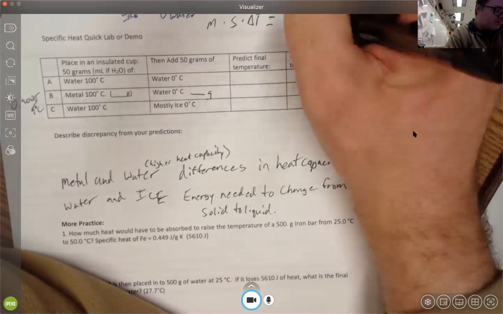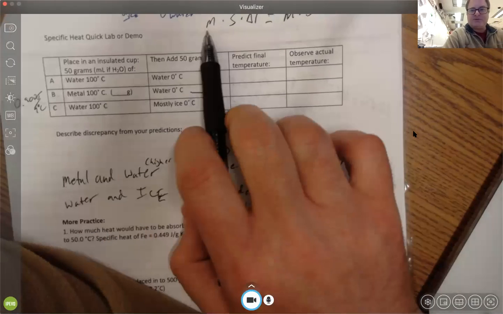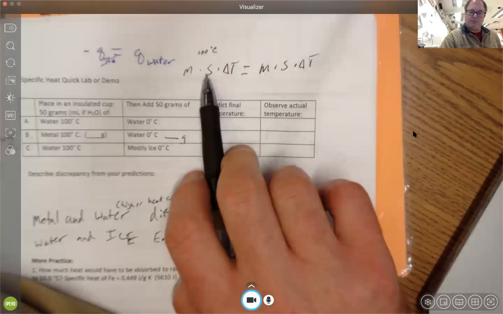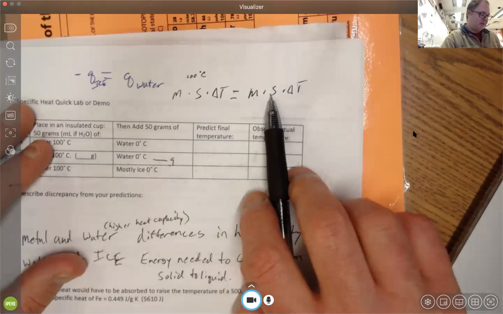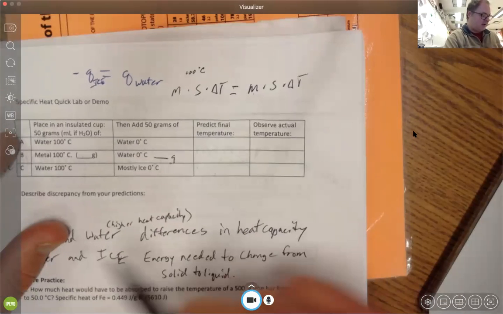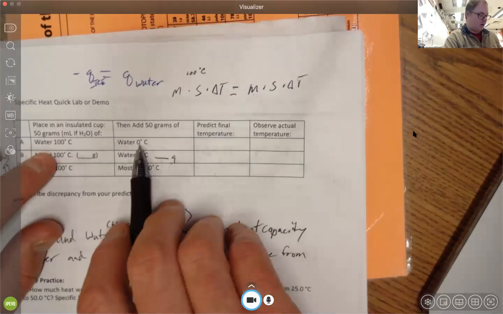Since we used 50 grams of each, that 50 grams would cancel out. The specific heat capacity of water would cancel out as well. Then we would just be getting our delta T, and we would think that 100 to 0 would put us somewhere around the 50 mark.